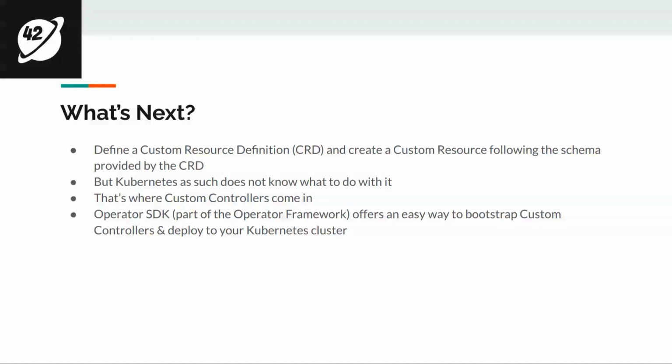But what about this custom resource? Who's aware of it? Yeah, it got created, it got persisted, you can query it, but what's really happening? Technically nothing, right? Because the control loops that Kubernetes provides are specific to a certain kind. In that case, that kind was either a deployment, a replica set, or a pod.